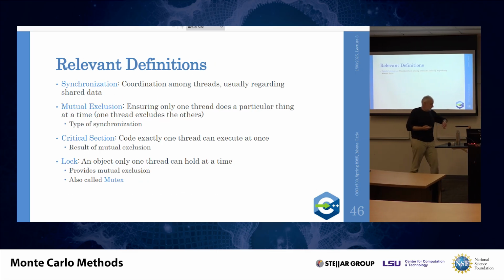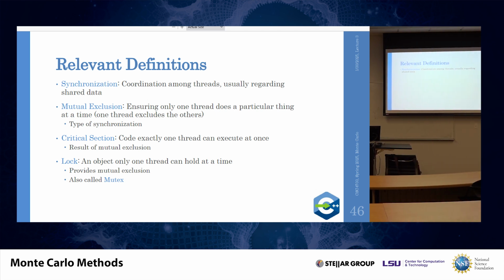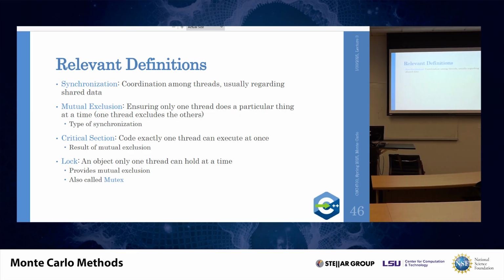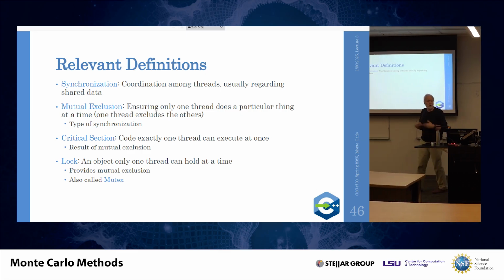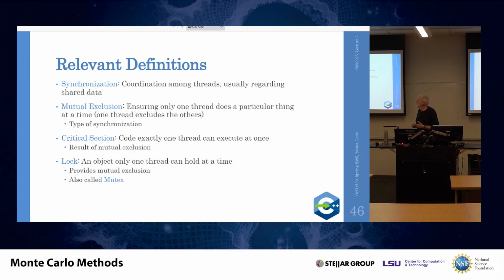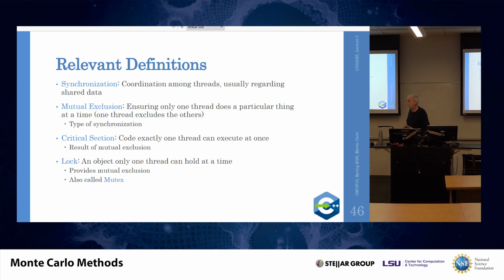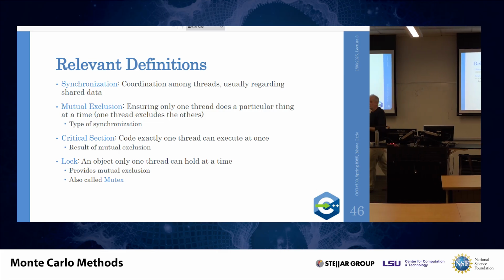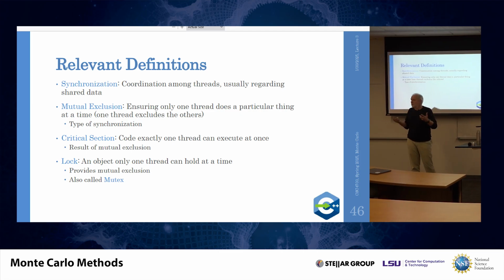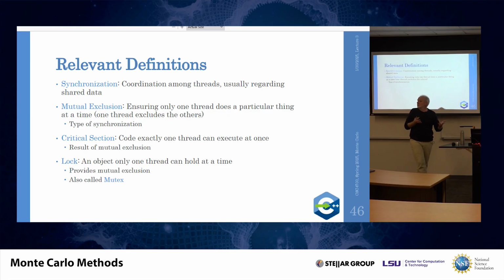Okay, some relevant definitions. Synchronization. Whenever I talk about synchronization, I mean the coordination among threads. So how do we coordinate among threads? And that is usually related to shared data. Mutual exclusion is a term which I will use when I want to convey that I ensure that only one thread can do something at the time.